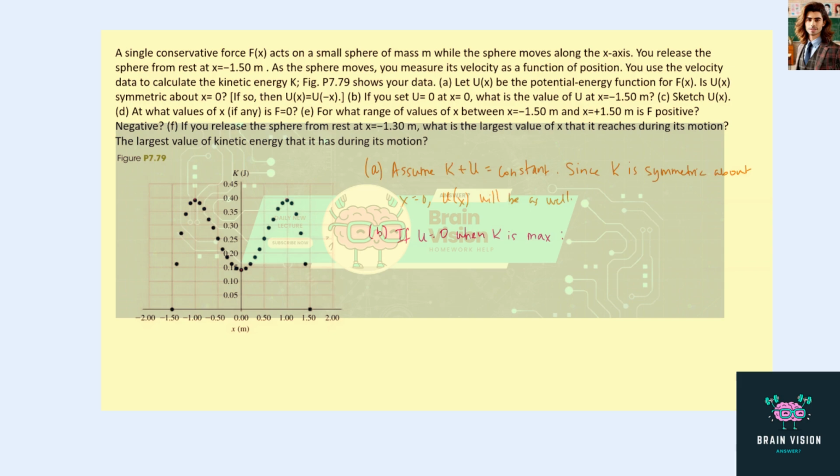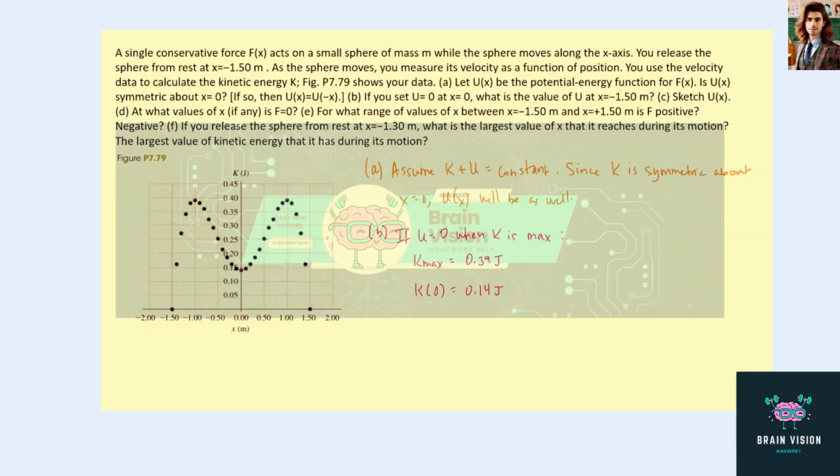So if U equals 0 when K equals max, well, first of all, our K maximum has a value of 0.39 joules. And then we have this local minimum here where K at 0 has a value of 0.14 joules.